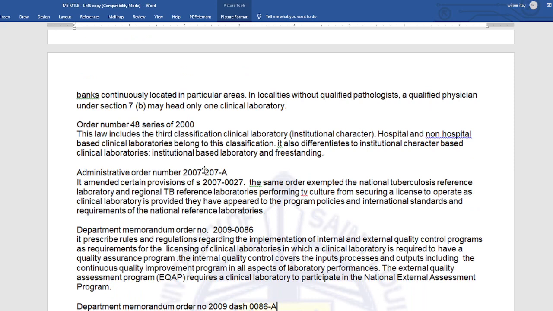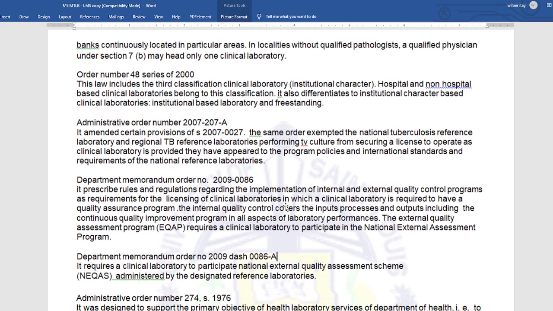Sa Administrative Order 2007-207A naman, it exempted the National Tuberculosis Reference Lab and Regional TB Reference Laboratories from performing, this should be guys, TB culture, and they do not need to secure a license to operate. Okay? So, hindi na nila kailangan kumuha ng license to operate. So, provided that they have adhered to the program policies ng international standards.